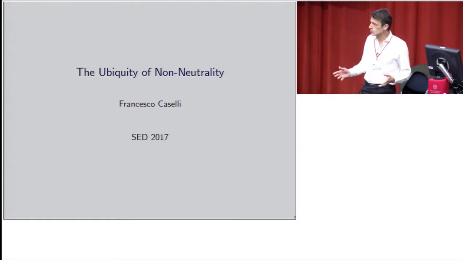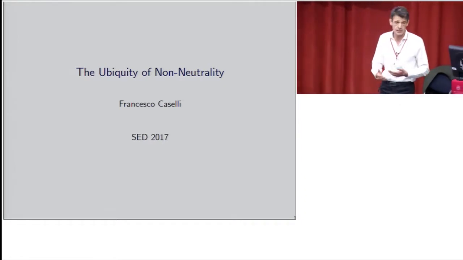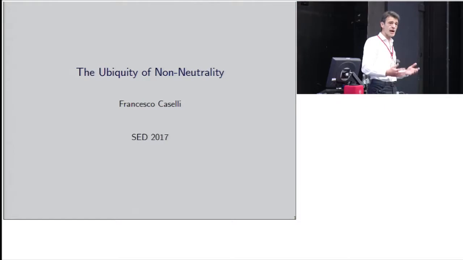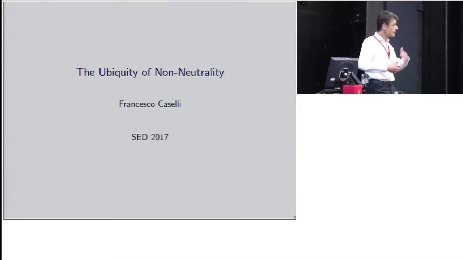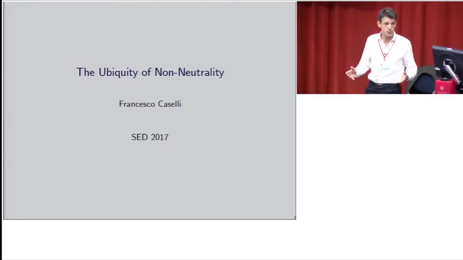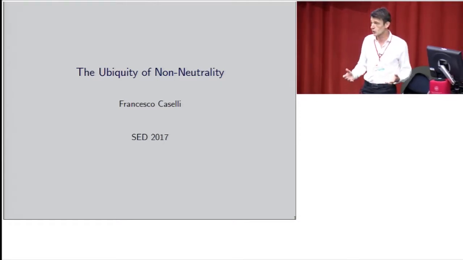It's not only ubiquitous, it's also non-random. The patterns of non-neutrality that I think the data show us are actually surprisingly easy to rationalize, even though they are so different and across many different cuts of the inputs in the production function. They are actually quite easy to rationalize with a very simple theoretical framework of technology choice by firms.